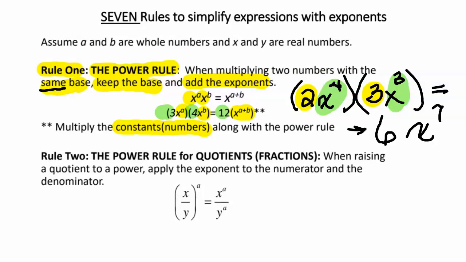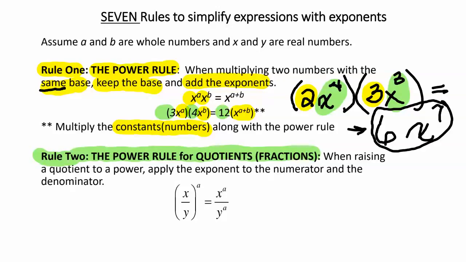Okay. Now, second rule, rule number 2, is known as the power rule of quotients, or the power rule of fractions. Now notice right here, inside a parentheses, I have a fraction. The numerator is x, the denominator is y.